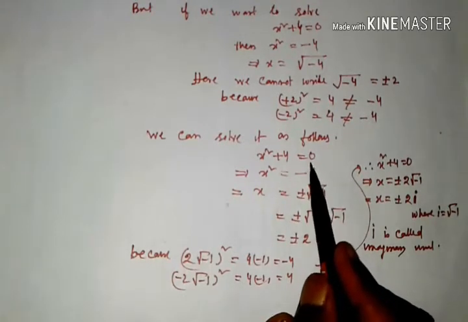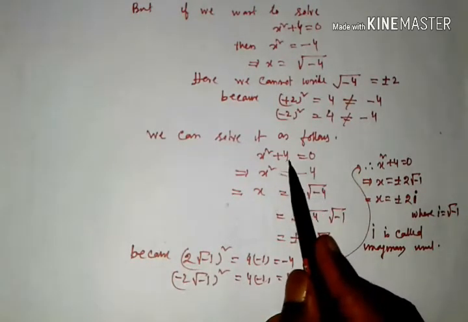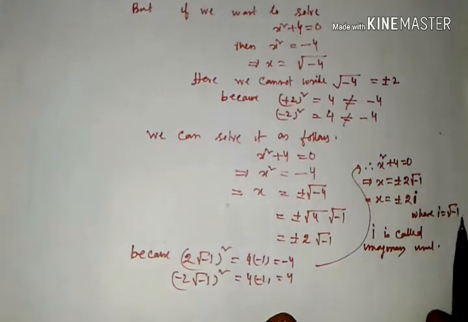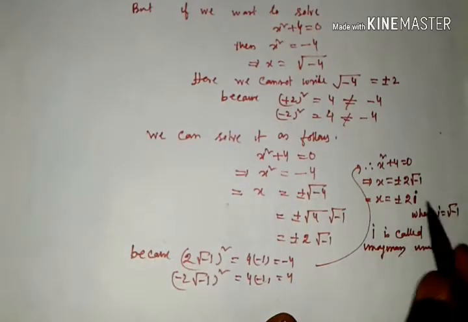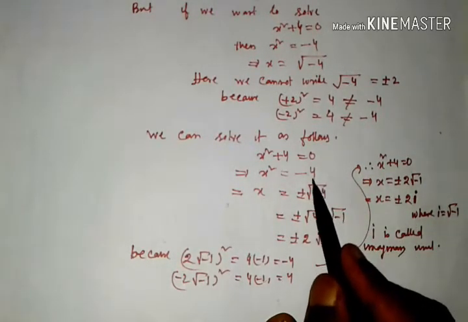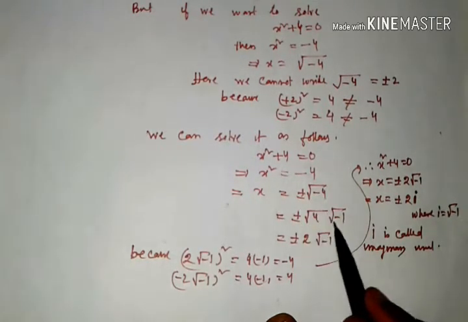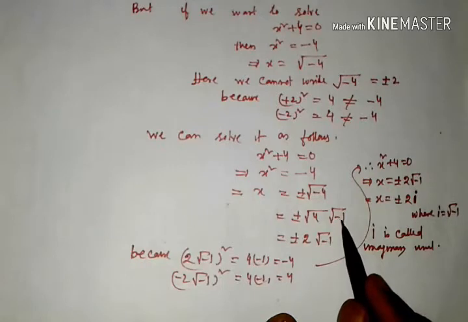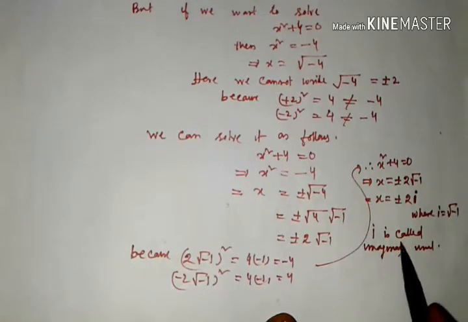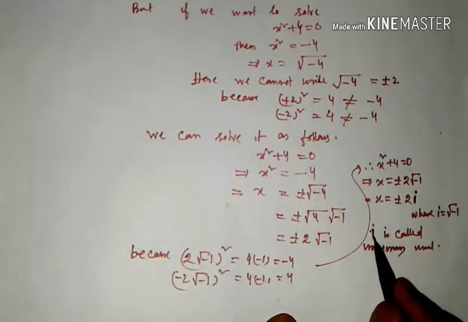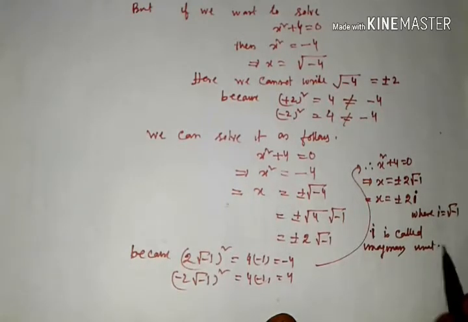In this type of equation we cannot get a real value, and we will always get this type of result in which there is root over minus 1, which is denoted by i and called the imaginary unit.